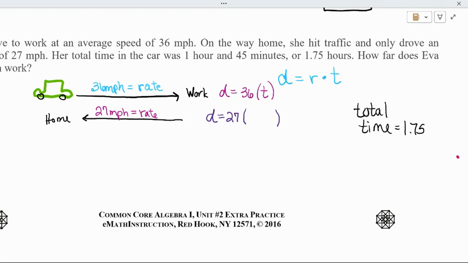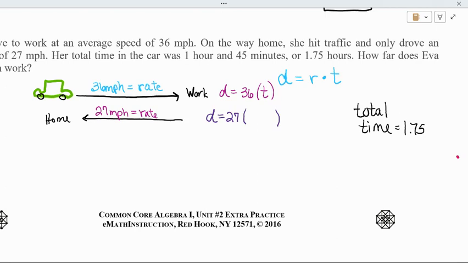So if I knew that my whole trip was 1.75, and I knew that I spent 0.25 hours to get to work, what would this be? If I knew that I was able to get to work in 15 minutes, how would you figure out the bottom? Say that. You would subtract.